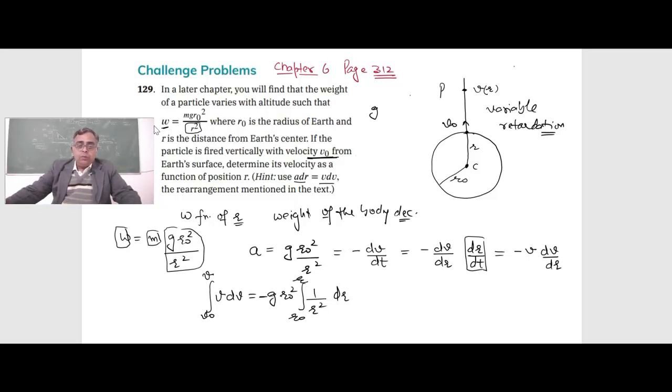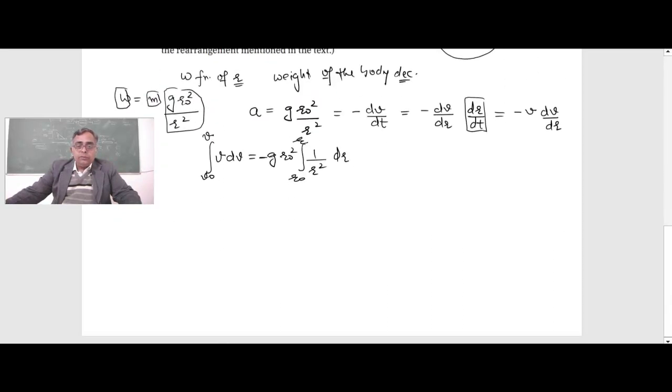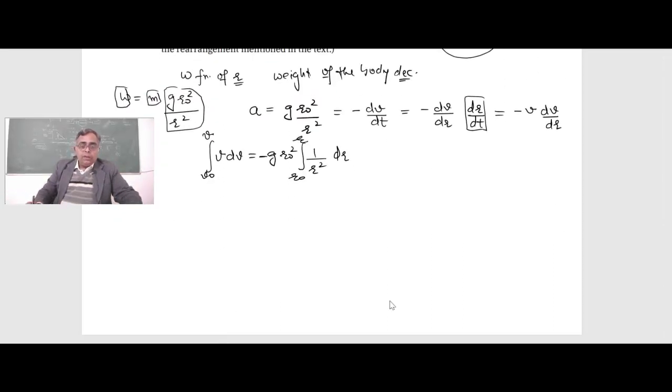Now what we have to do is integrate this equation. When we integrate, on the left hand side we will get v square by 2, with upper limit v and lower limit v naught, and here we have minus g r naught square.